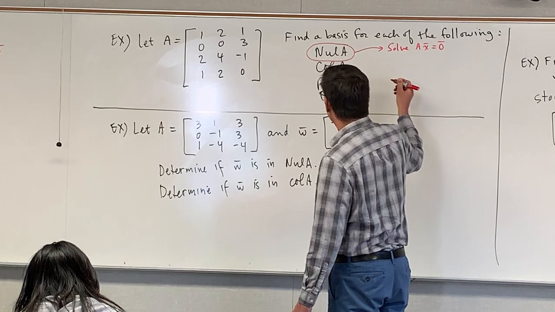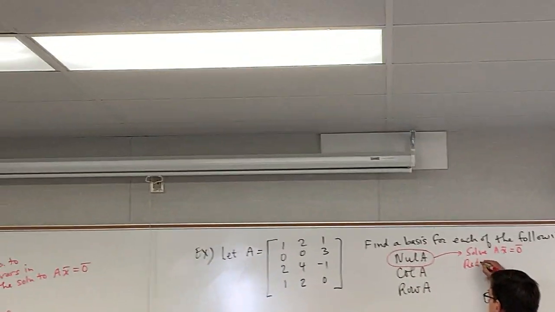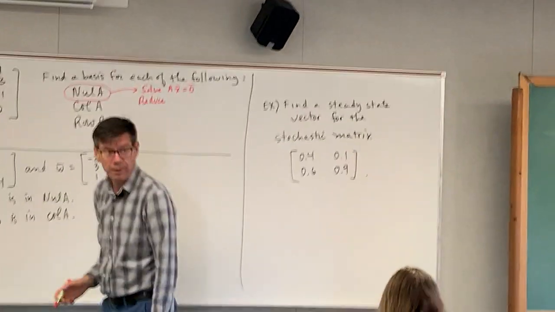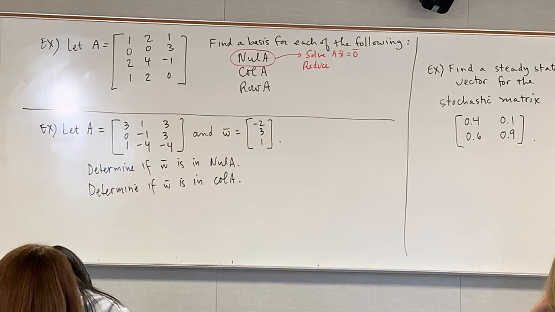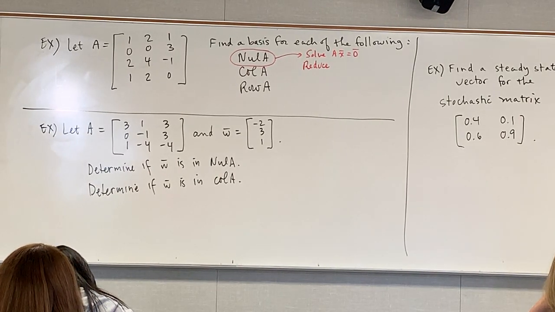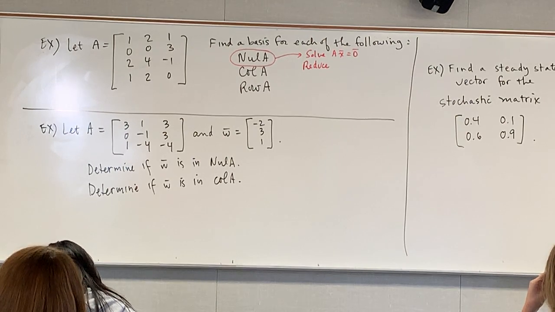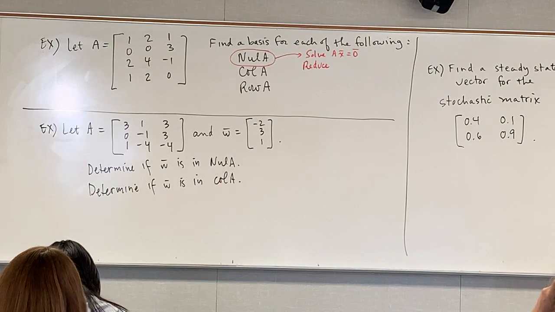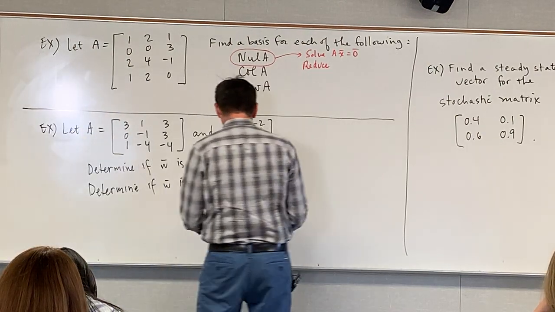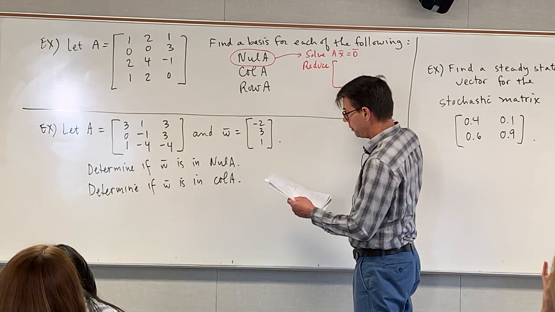And so you're going to reduce the system. Even though you don't have to write the zeros on the end, you could just reduce A. Because when you're solving the homogeneous equation, that B column of the augmented matrix is just zeros all the way through. So that's why people don't always write it down. I'm just going to write down the reduced form.